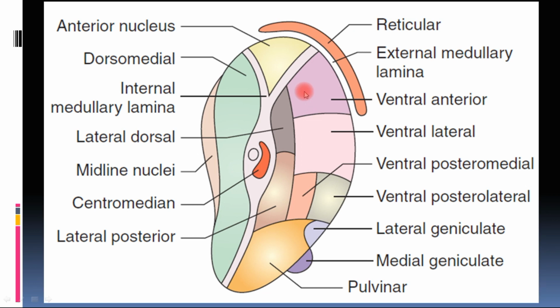And these various nuclei are classified into an anatomical classification and a functional classification. First of all, we'll go through the anatomical classification and then the functional classification.